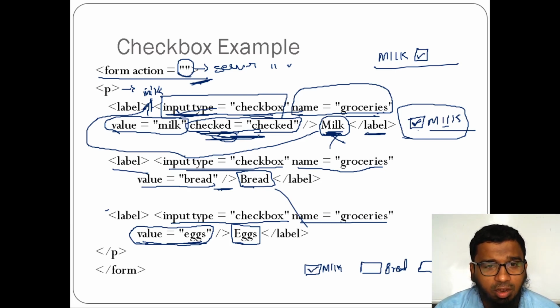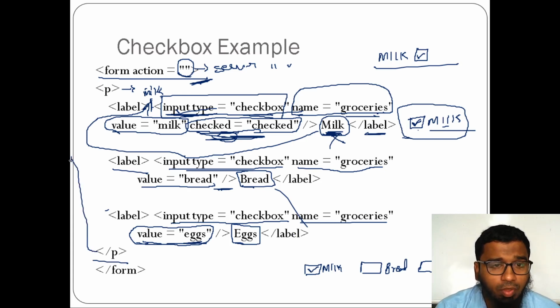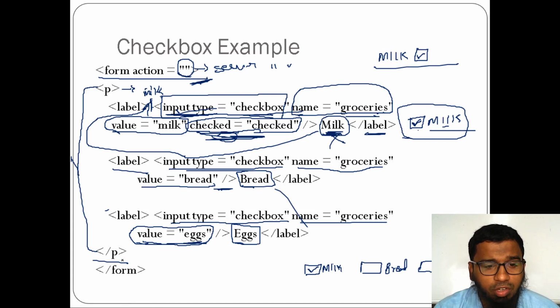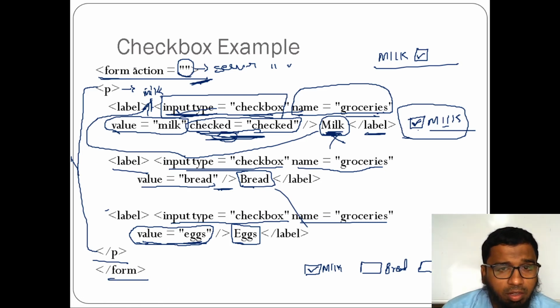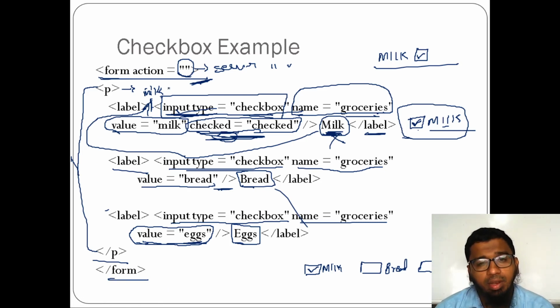In the HTML code we told that whenever the milk is here, this checkbox should be checked. And we close the P tag, we open the P tag here, and we close it here, and the form is opened and closed. Fine.